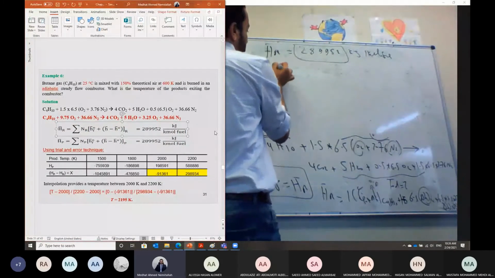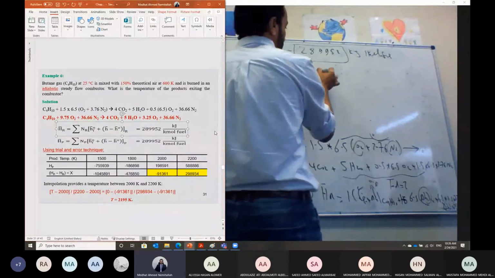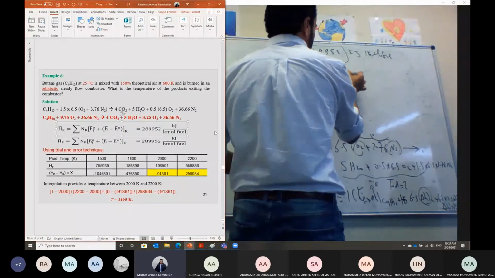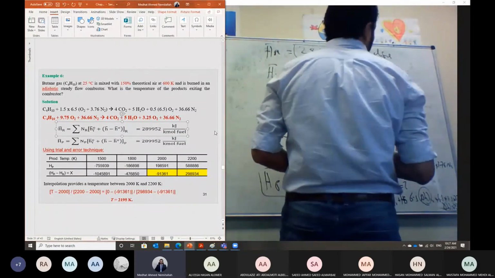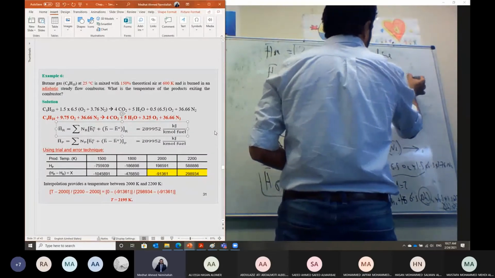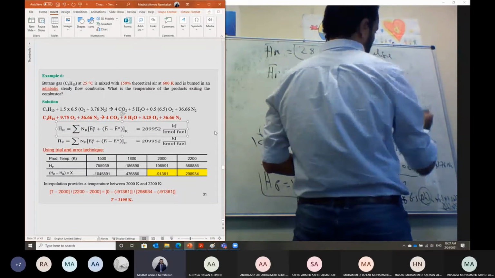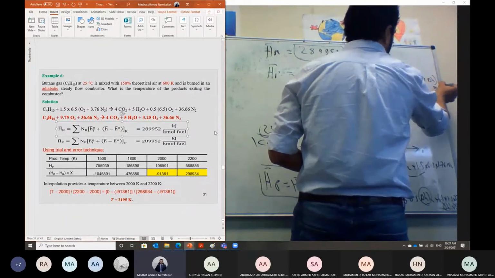H product will equal, for the products, 4 times the enthalpy of formation plus delta H for CO2, plus 5 times the same enthalpy of formation plus delta H for H2O, plus 0.5 by 6.5 delta H for O2.